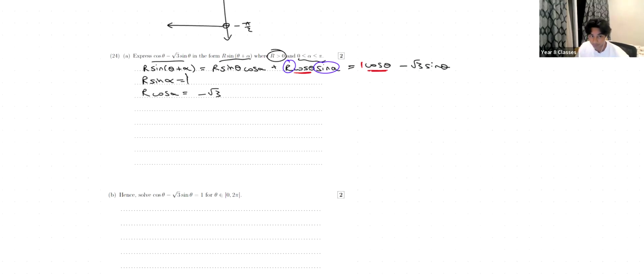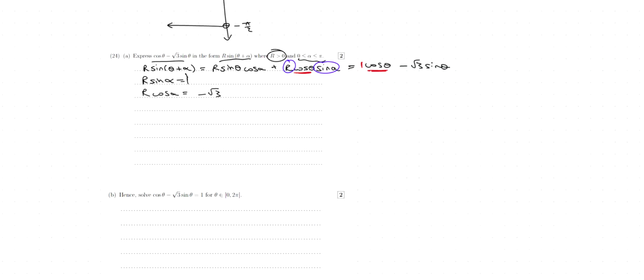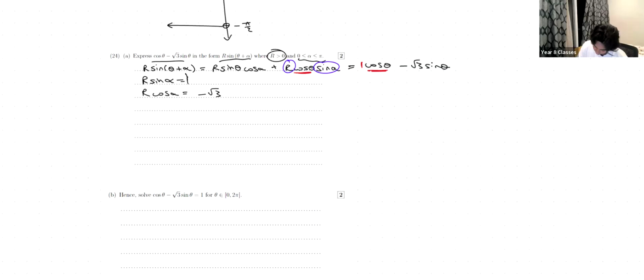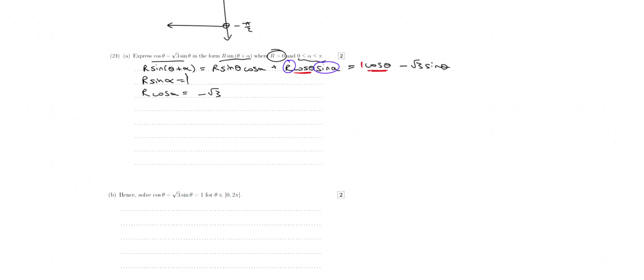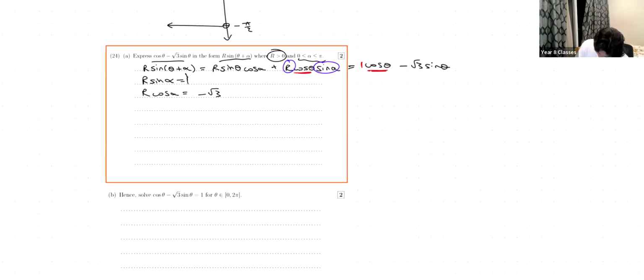So now we have this. How can we find r? Square them. So it'd be r squared, and then sine squared plus cos squared, which just equals 1.